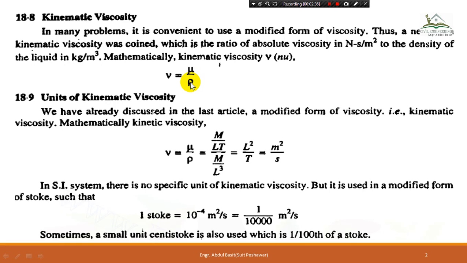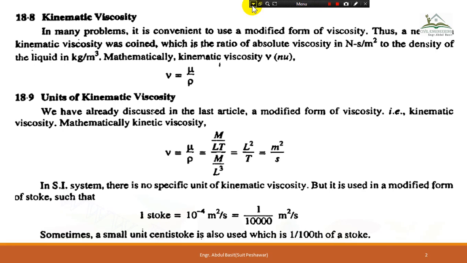For any liquid, whether water, honey, oil or petrol, the absolute viscosity divided by the density is called kinematic viscosity. A kinematic viscosity covers both the absolute viscosity and density of a liquid under a single term.